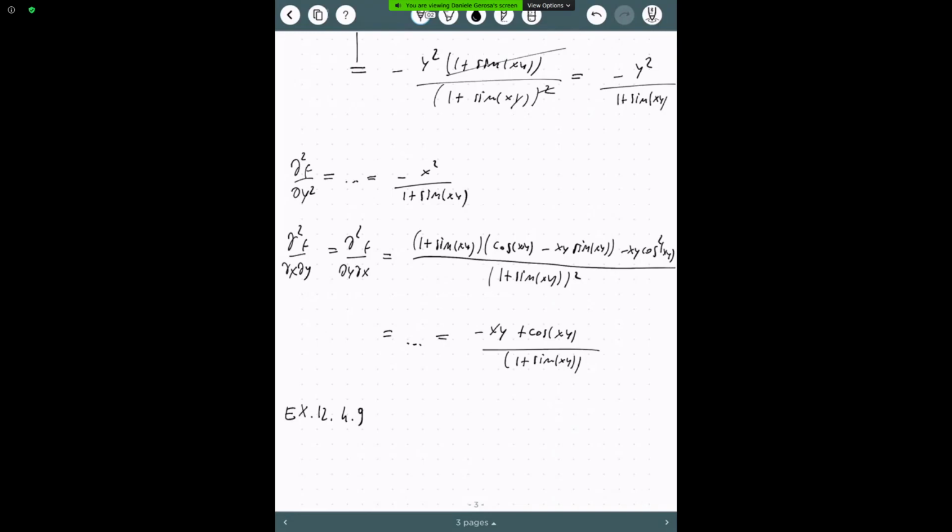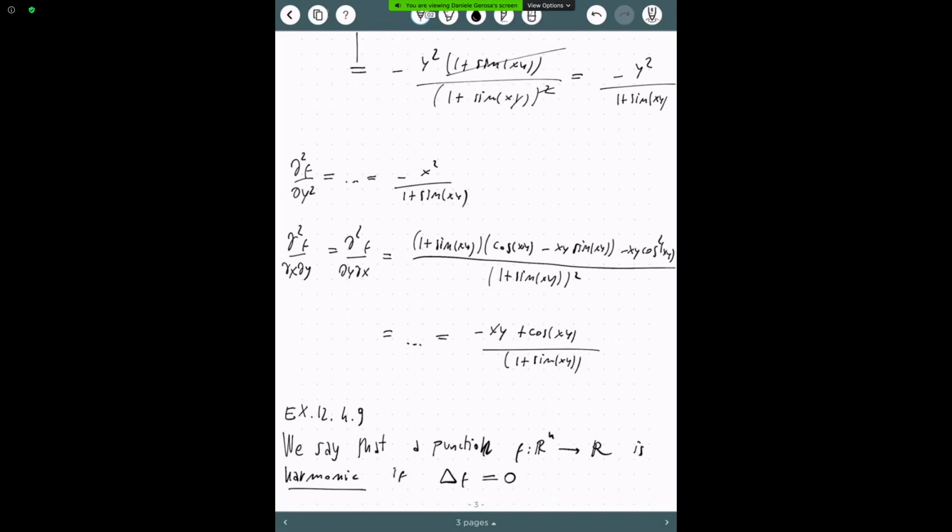So let me recall that we say that a function f, actually I don't see any limitation on its domain, so we can say that it's on R^n. A function like this is harmonic if the Laplacian of f is equal to 0.